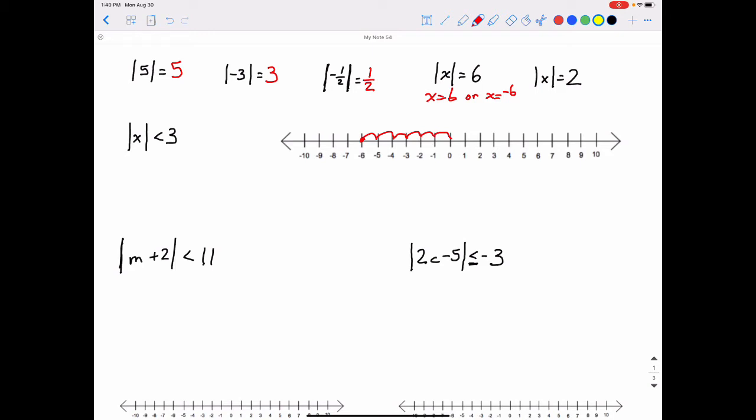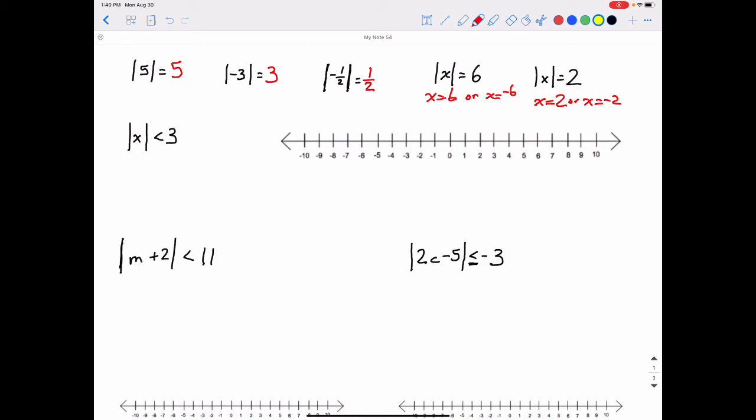So there were actually two answers to that. So what would that mean? The absolute value of x equals 2, what would be the solutions for x? Well, it certainly could be 2, because 2 is 2 units away from 0 on a number line, but it is also -2. So it could be either one of those answers. X is equal to 2 or x equals -2.